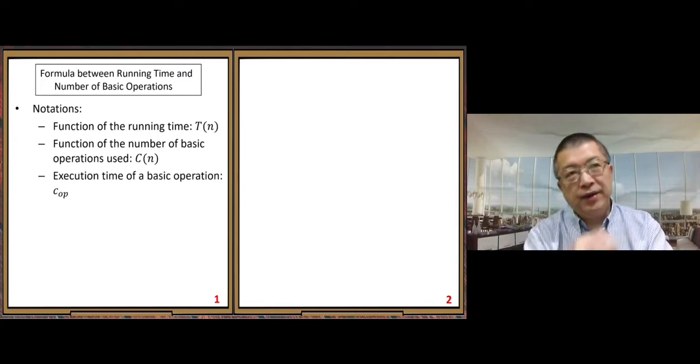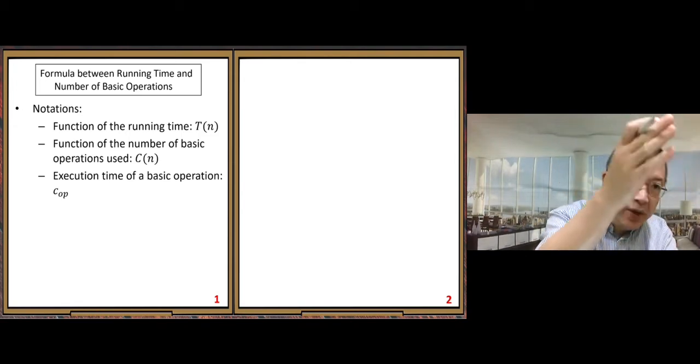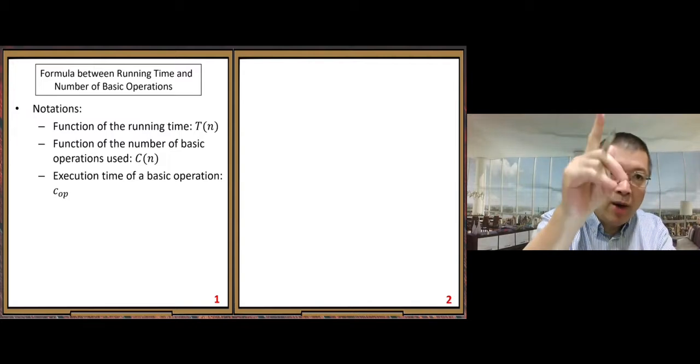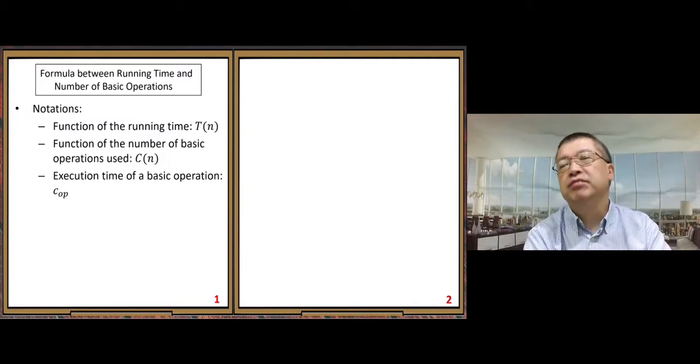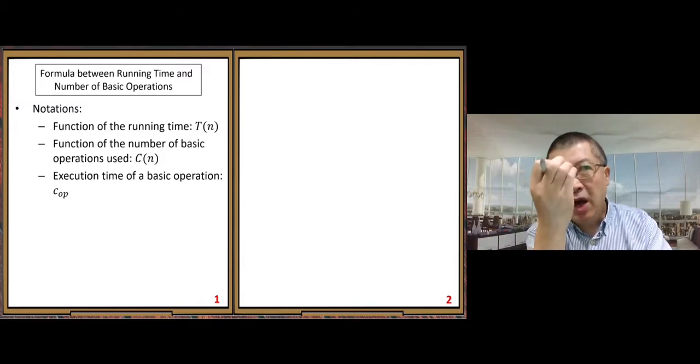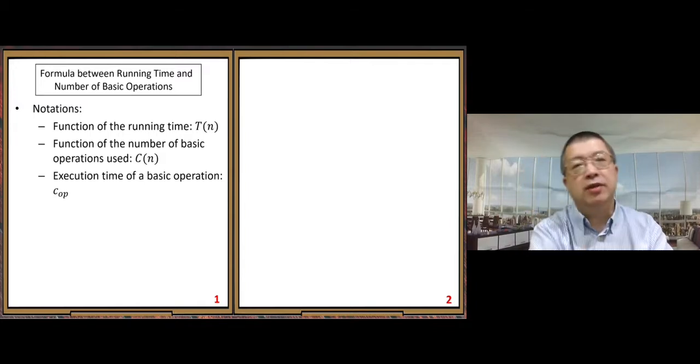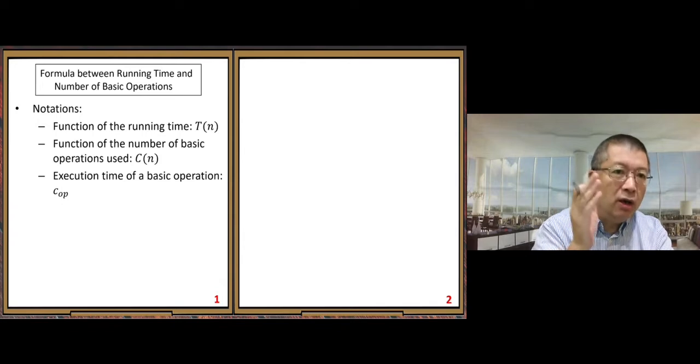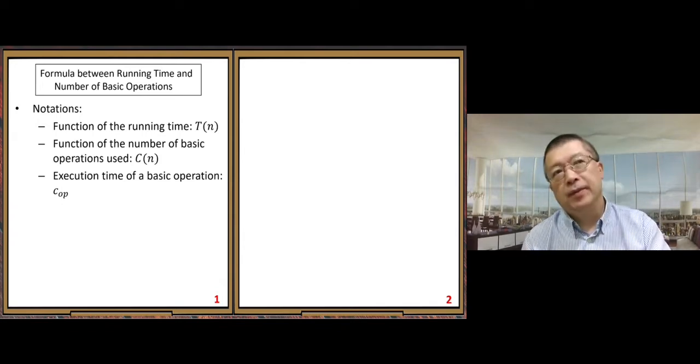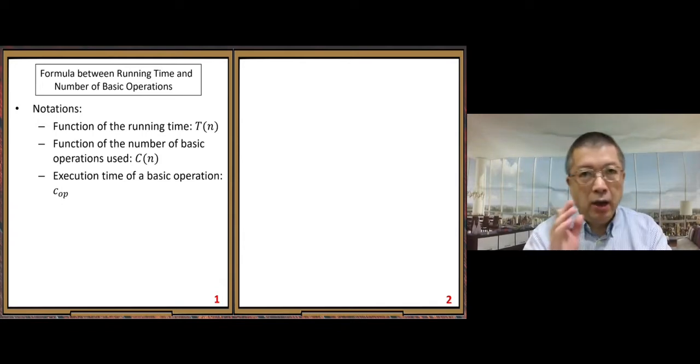Then another constant we need in our representation, execution time of one basic operation. One basic operation takes a certain amount of time. We treat that as a constant, little c sub op.